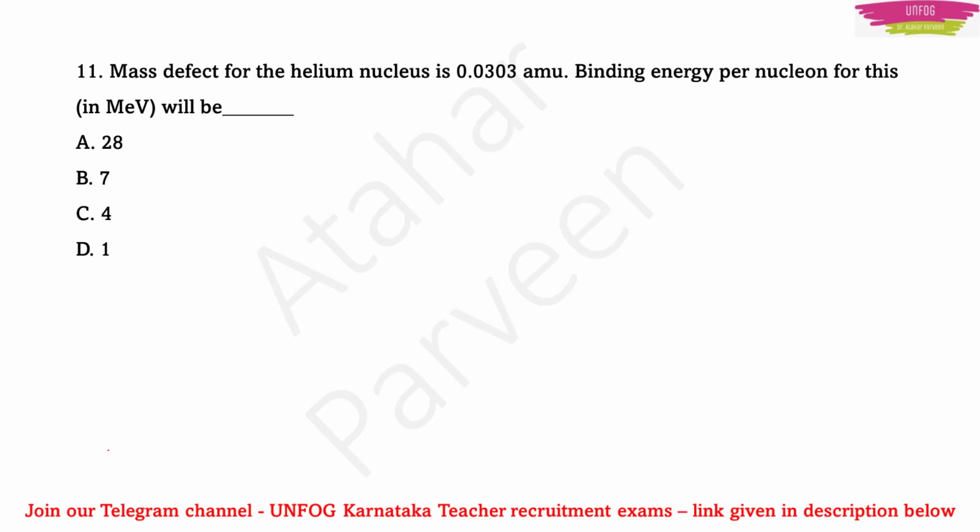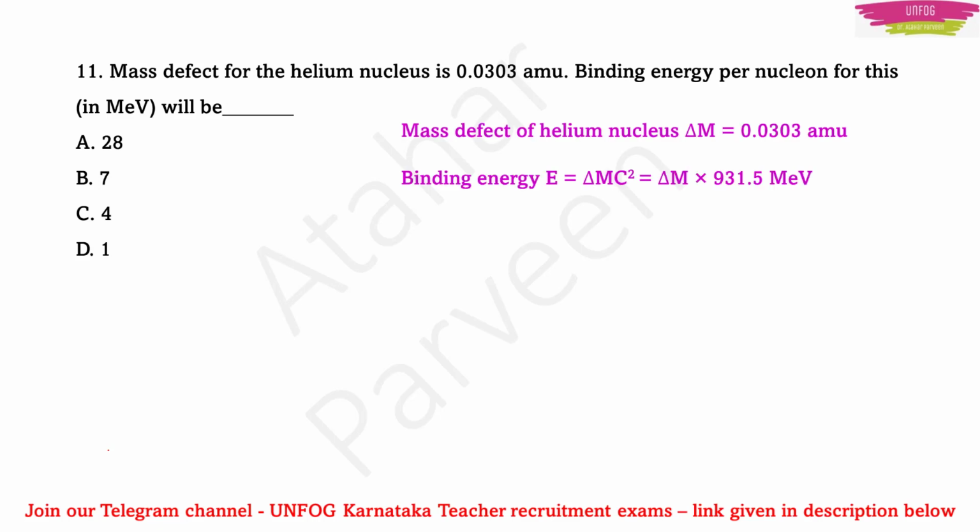Mass defect for the helium nucleus is 0.0303 AMU. Binding energy per nucleon for this, in MeV, will be. In MeV, what will be the binding energy they are asking? See here, mass defect, delta M, is given. Binding energy, we know that it is equal to delta M into C square.